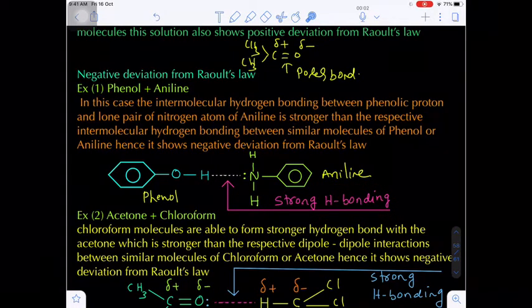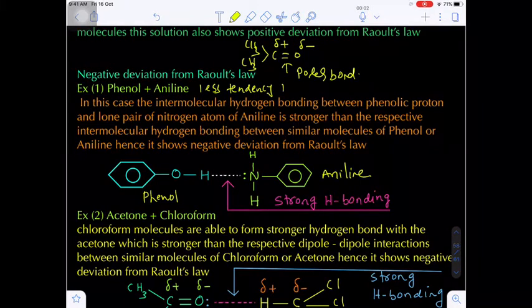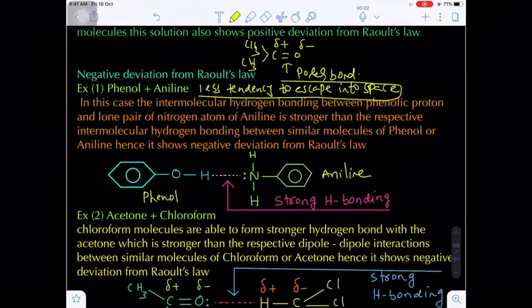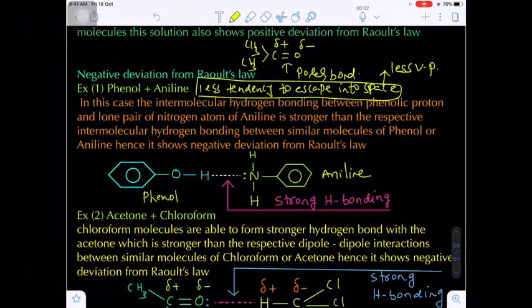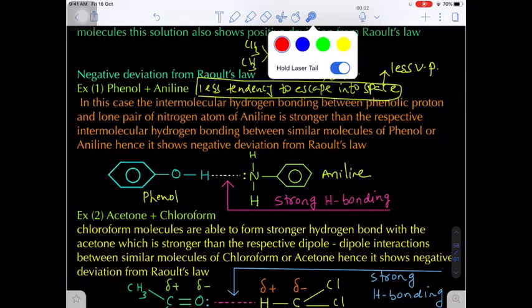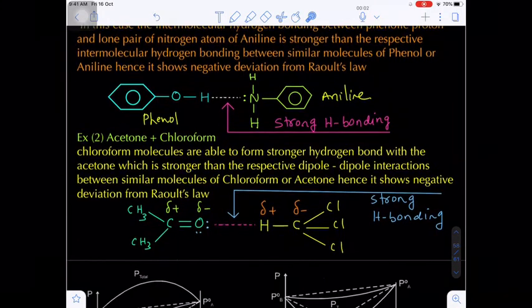Due to this strong intermolecular force of attraction, the solution has less tendency to escape into space, in the sense less vapor pressure than predicted from Raoult's law. That's why this is called negative deviation from Raoult's law, a non-ideal solution showing negative deviation.